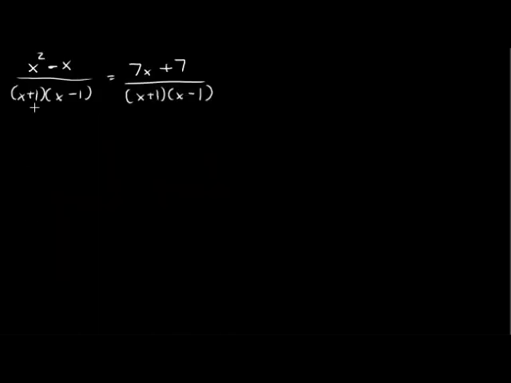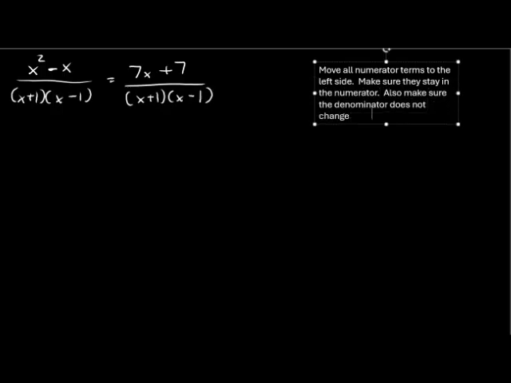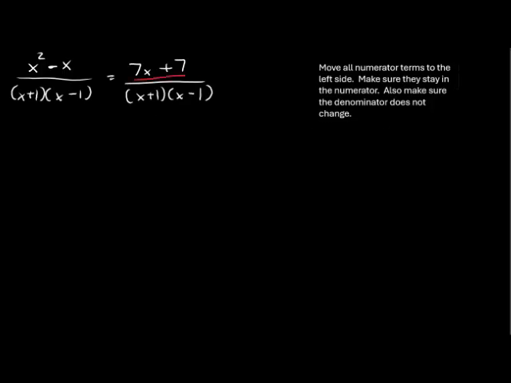With our numerators simplified, what we'll do now is move all of the terms in the numerator to the left side. However, make sure that they do stay in the numerator. Also, make sure the denominator does not change. On our numerator, on our right side, we have 7x plus 7.